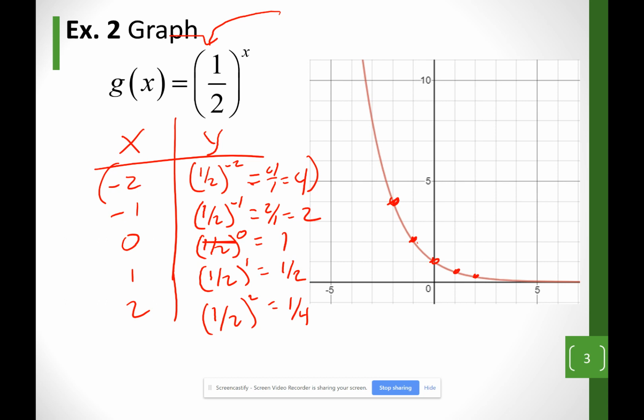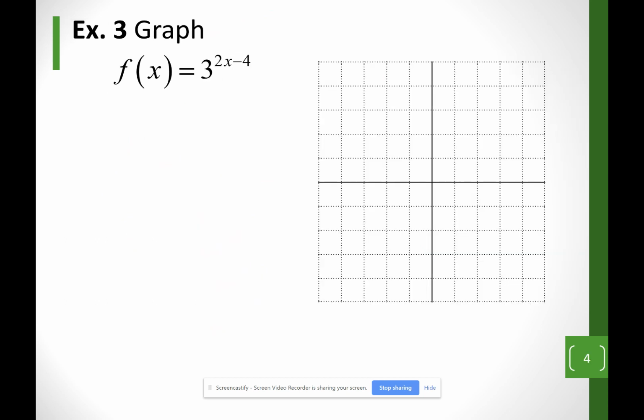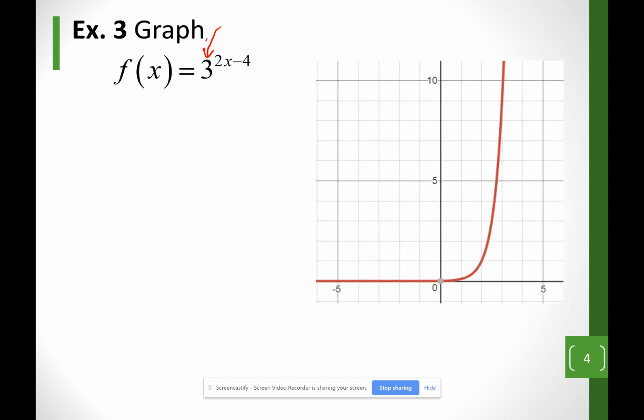The nice thing on both is the y-intercept. On the y-axis, I'm always going to cross it at 1. So taking a look at this one, my base is more than 1, so I expect it to go up, and it should look like this.